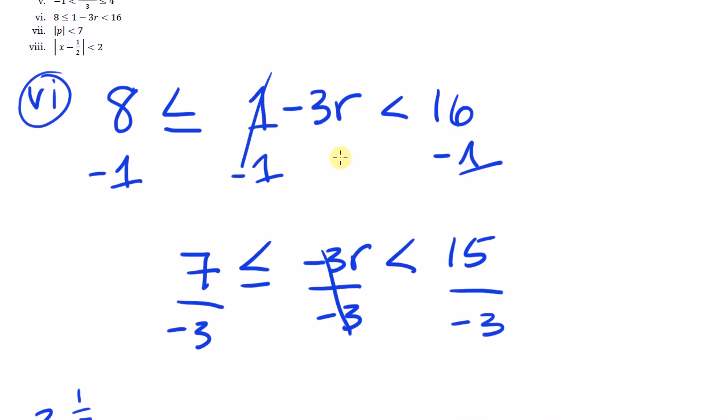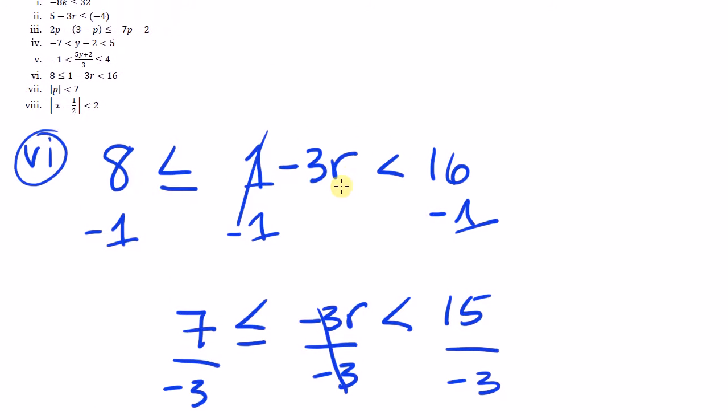Talking about domain and range: domain are the inputs of x, and the range is how high it goes when you put in these x's. So can you think of any number that I couldn't have put into this right here?